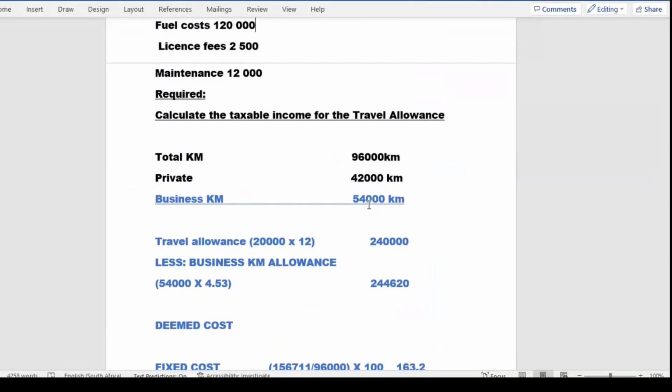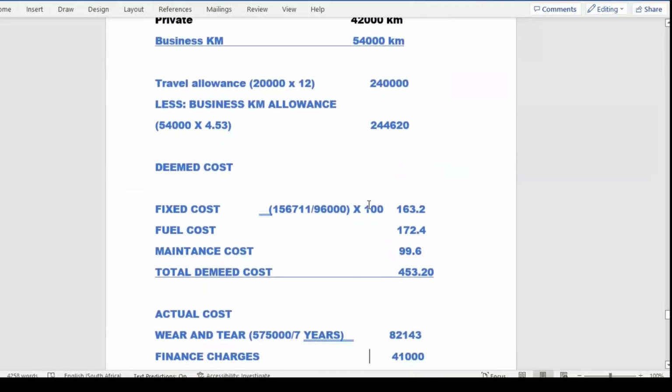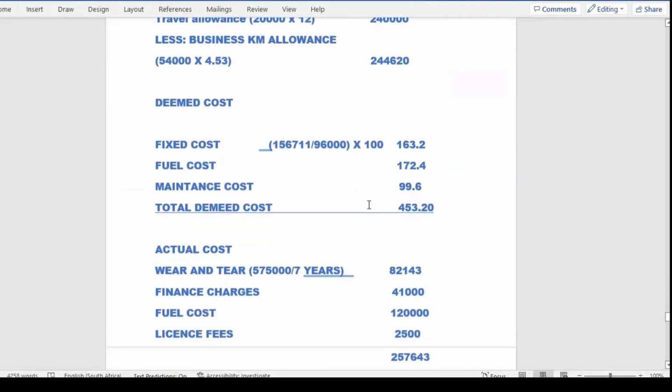The business kilometers allowance comes from the deemed cost and the actual cost. Why do we need the two? Because we first need to calculate the business kilometers allowance, so we look at the greater of the deemed cost and the actual cost.